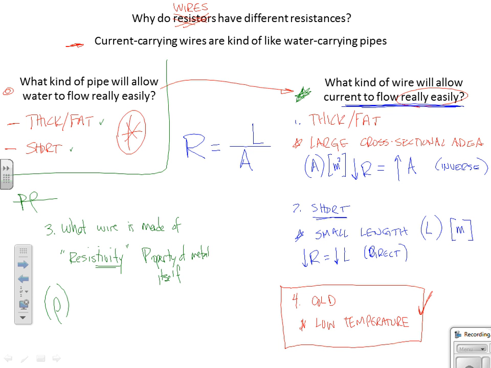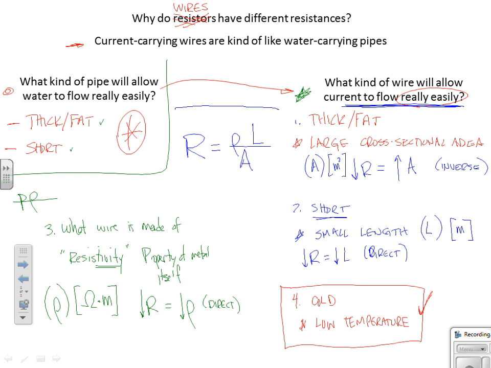Its units are ohm meters. Ohms times meters. I'll show you why that is. And for small resistance, we want small resistivity. Another direct relationship, which says that rho goes up here also.